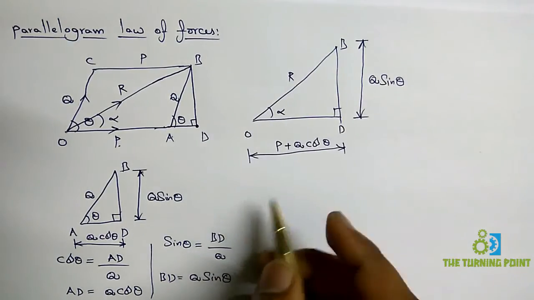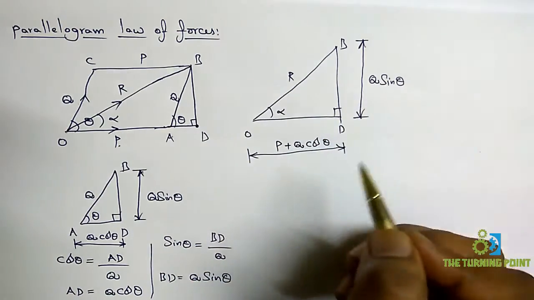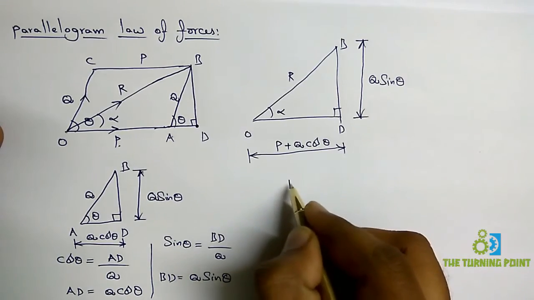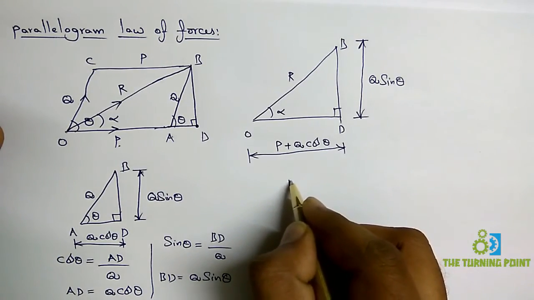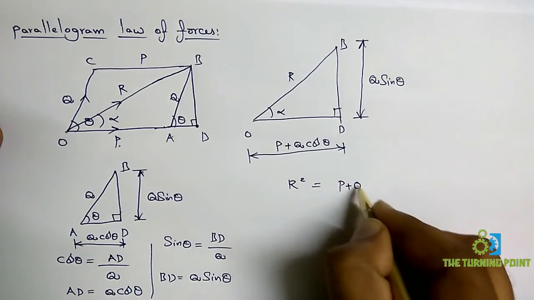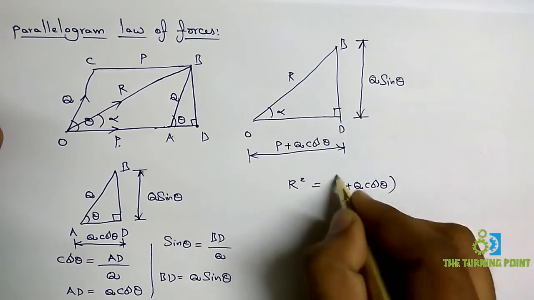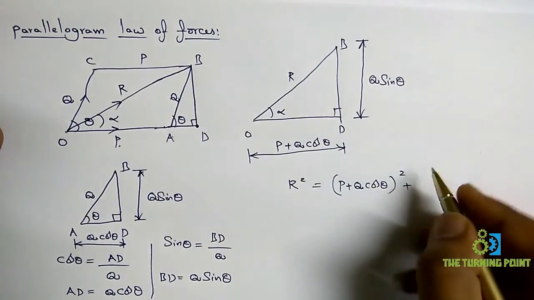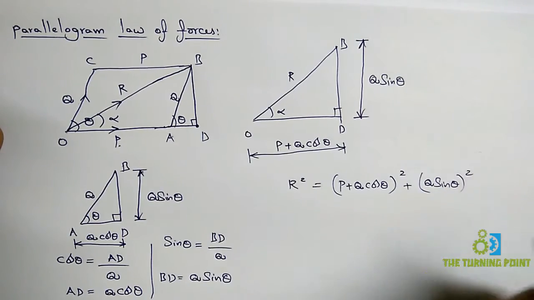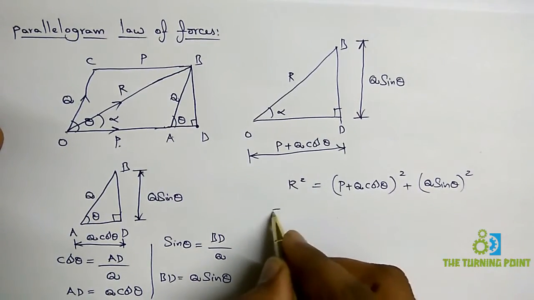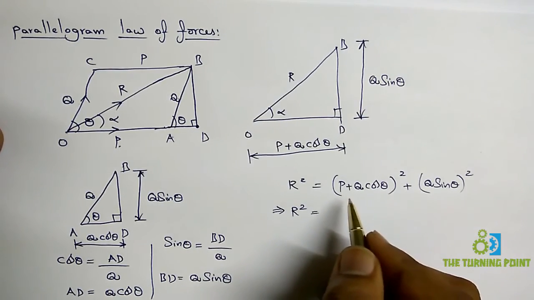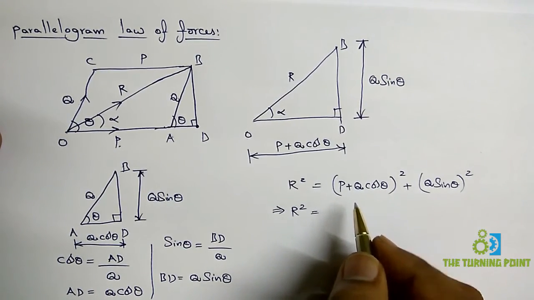As I want to establish the relationship between these two forces and the resultant, I am considering the Pythagoras theorem. From Pythagoras theorem, hypotenuse square is equal to side square plus side square. So R square is equal to (P plus Q cos theta) whole square plus (Q sin theta) whole square. This is in the form of (a plus b) whole square, which is a square plus b square plus 2ab.